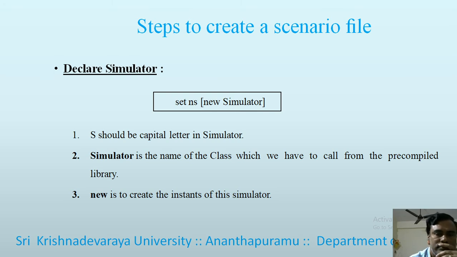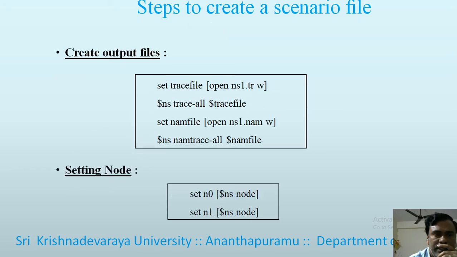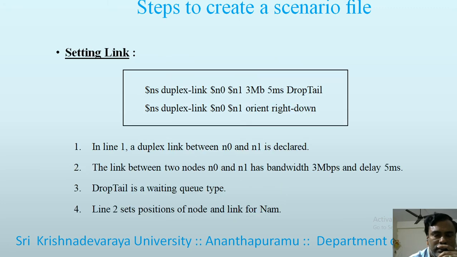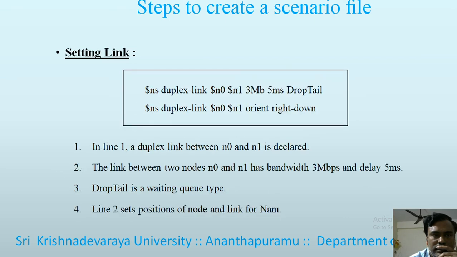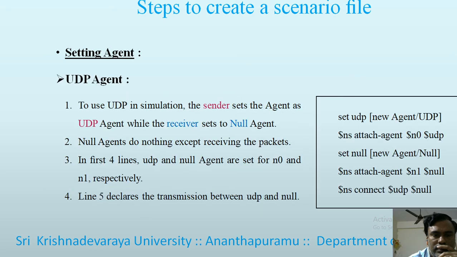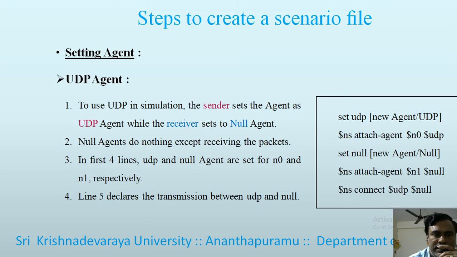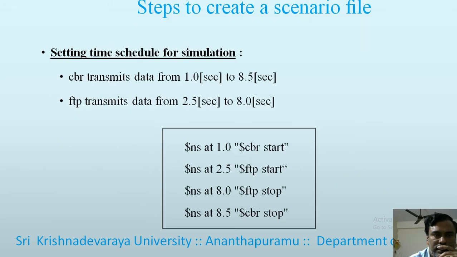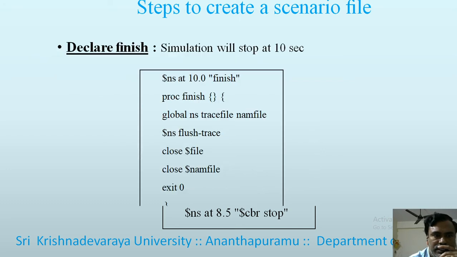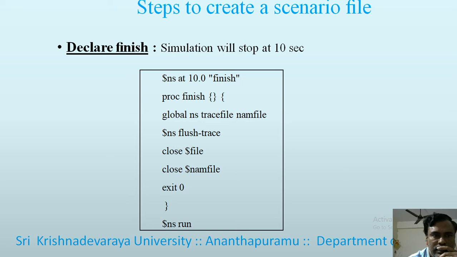That is the declaration of the simulator, and then creation of output files, and then orientation of the links you are going to have, and then agents information, and then applications information, and then schedule time for simulation, and finally the finish procedure.